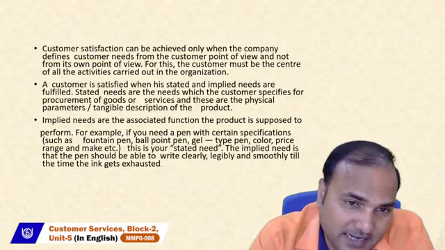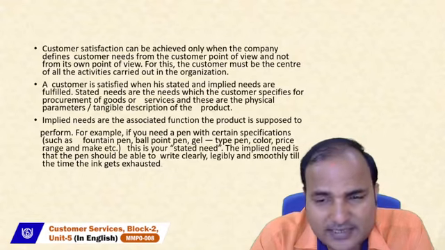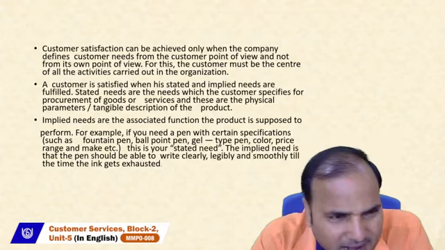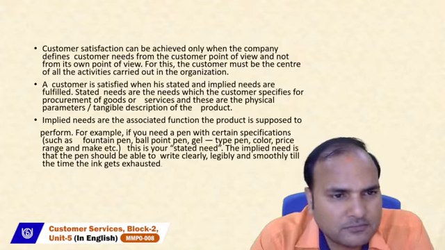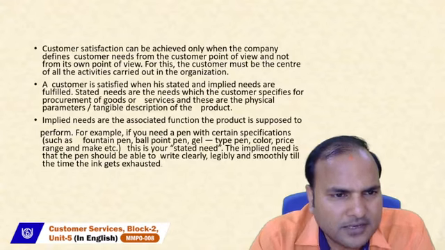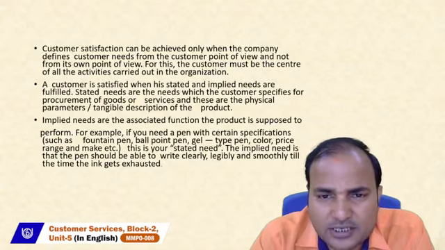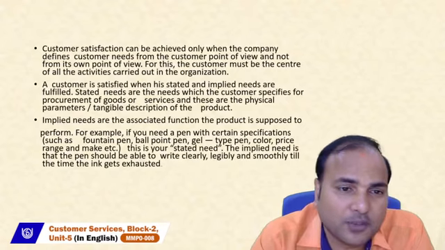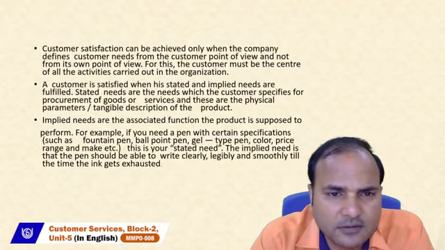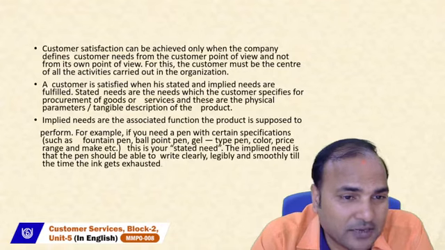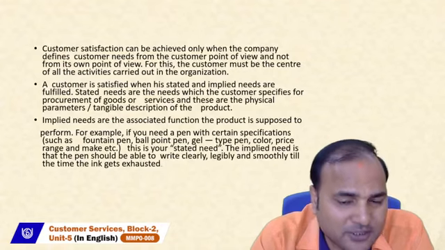And a customer is satisfied when his stated and implied needs are fulfilled. Stated needs are the needs which the customer specifies for procurement of the goods or service. And these are the physical parameters, tangible description of the product.